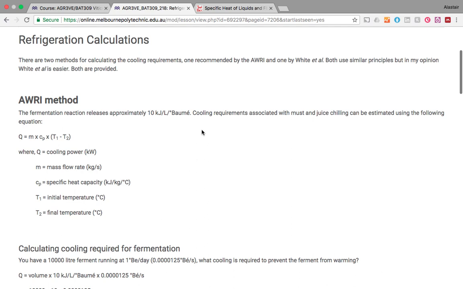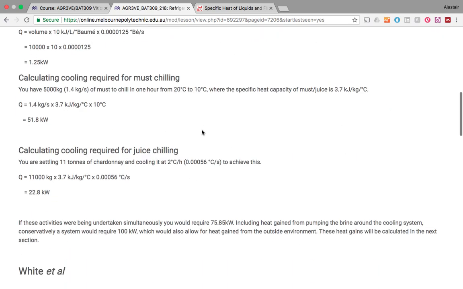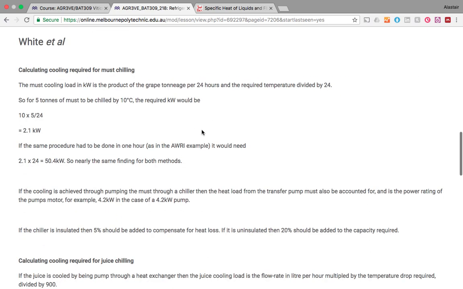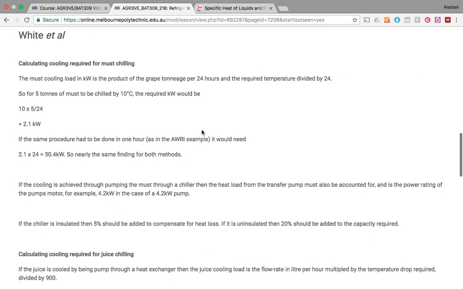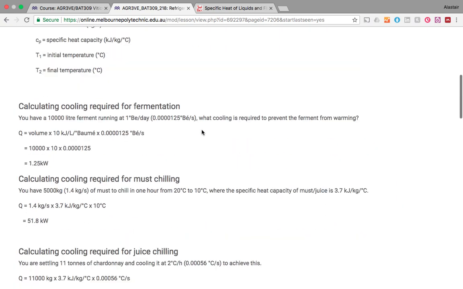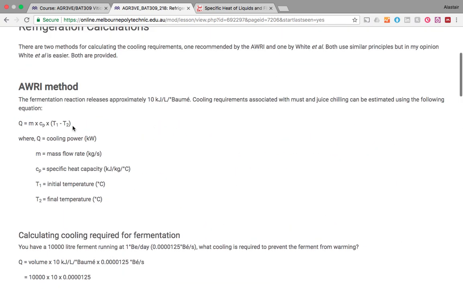So if we're doing a milk example, we could use that one. I actually recommend that you use the White one. So if you're doing wine, you can utilize these ones here, and they're the ones I'll be going through in the spreadsheet. But equally, you can very simply use the AGR3VE method as well.